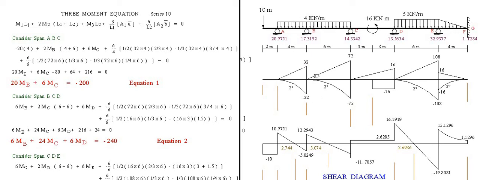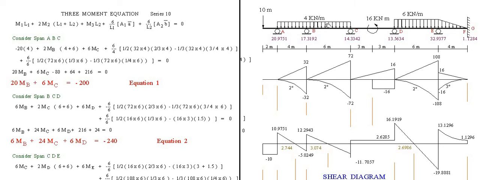Then for this, consider BC as a simple beam. The total weight is 4 times 6 is 24, divided by 2 is 12. Then make the 12 a moment to C, pivot that to C. So 12 times 6 is 72.